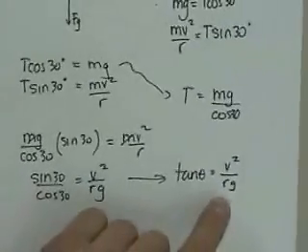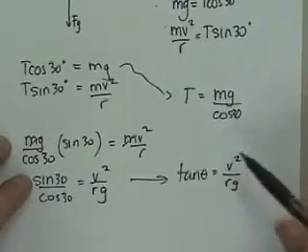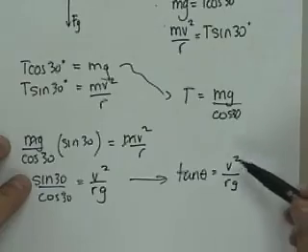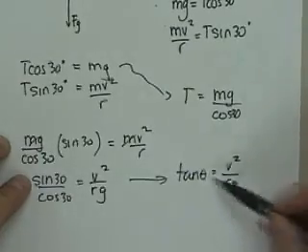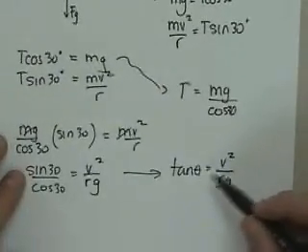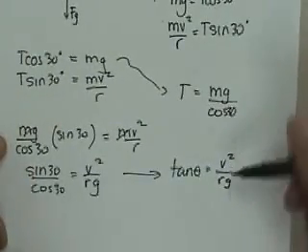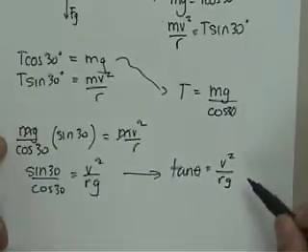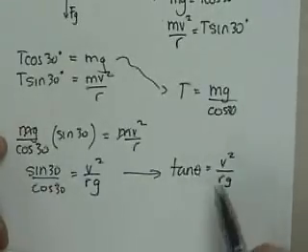Now, this is what we had as our previous formula for banked curves, and that was the angle at which you could have something going at a certain velocity that it wouldn't slide up or down. Well, this is now the angle that you would need to have something go around in a hanging circle at an angle, or tetherball, whatever you want to call this, to have it spin around at a certain angle.